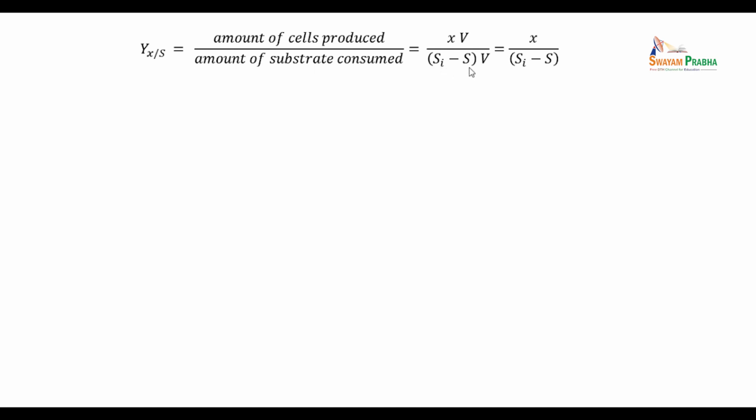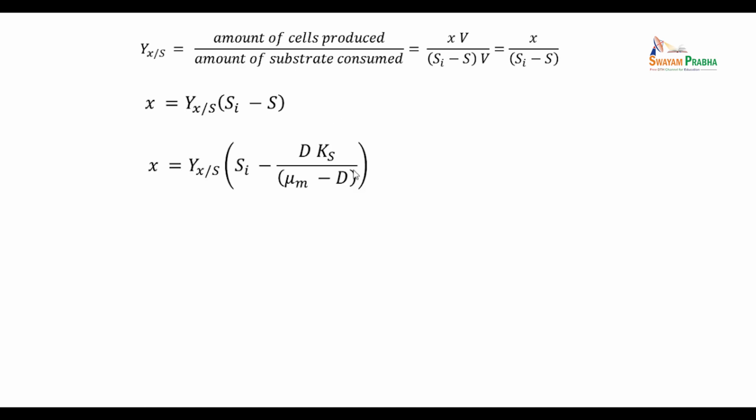Inlet minus S into V. The volumes are the same, we can cancel them, we get X by Si minus S. So X equals the yield coefficient times Si minus S from this equation, and S in terms of the other parameters is D Ks by mu m minus D. That is what we derived earlier. Therefore, X equals Yxs times Si minus D Ks by mu m minus D.